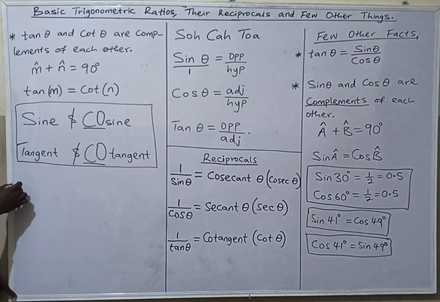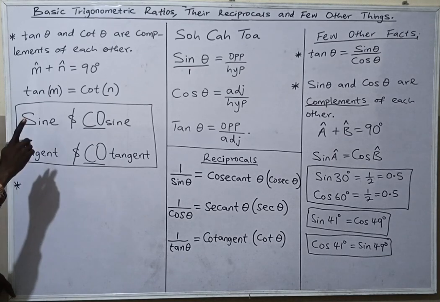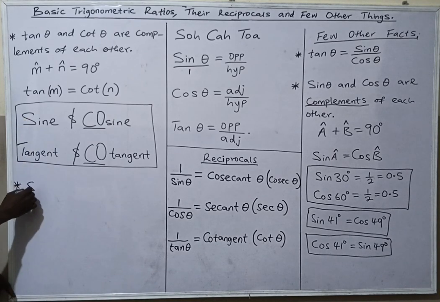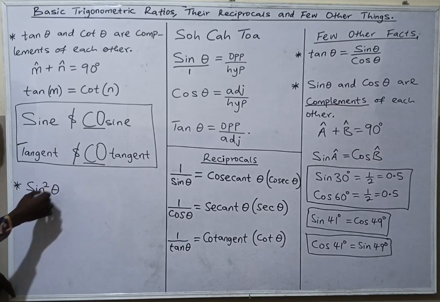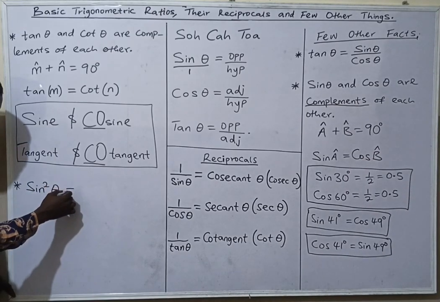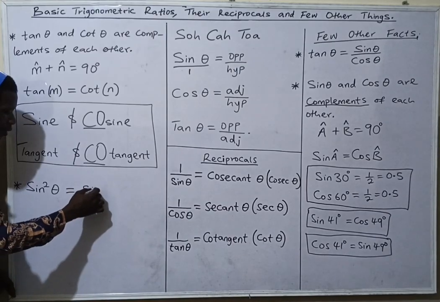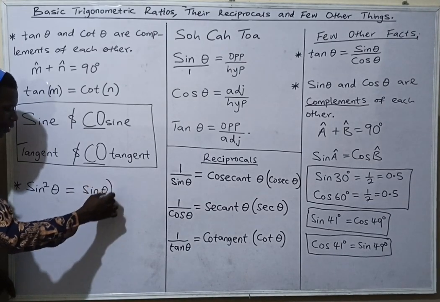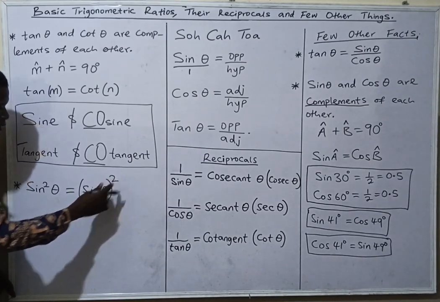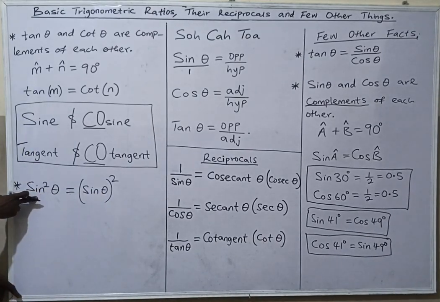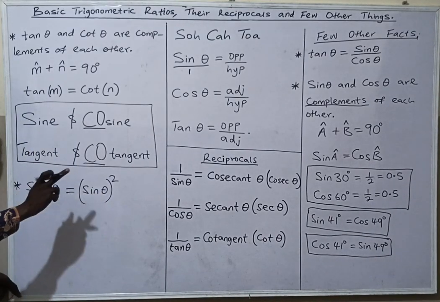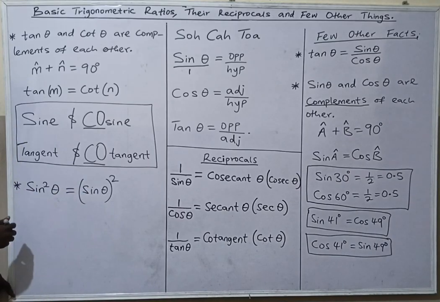Okay, so the last thing we'll be looking at today, based on this particular concept, is that in trigonometry, when you see sine squared theta, what does it actually mean? It means that when you have gotten the value of sine theta, you are going to square that value. So instead of writing it like this, you will most likely see it like this in trigonometry. That is how it is represented in trigonometry and mathematics.